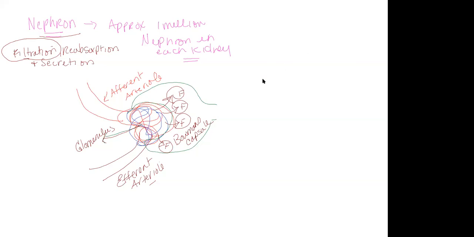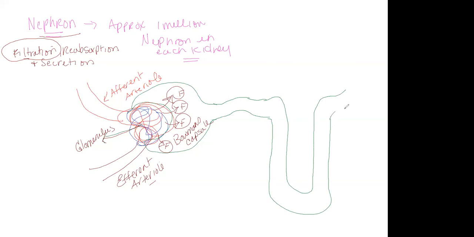When we go on here, we see this next part of the nephron, and this next part is called the proximal convoluted tubule. Let me just draw this out here. So this part here is the proximal convoluted tubule. Let me write this over here.